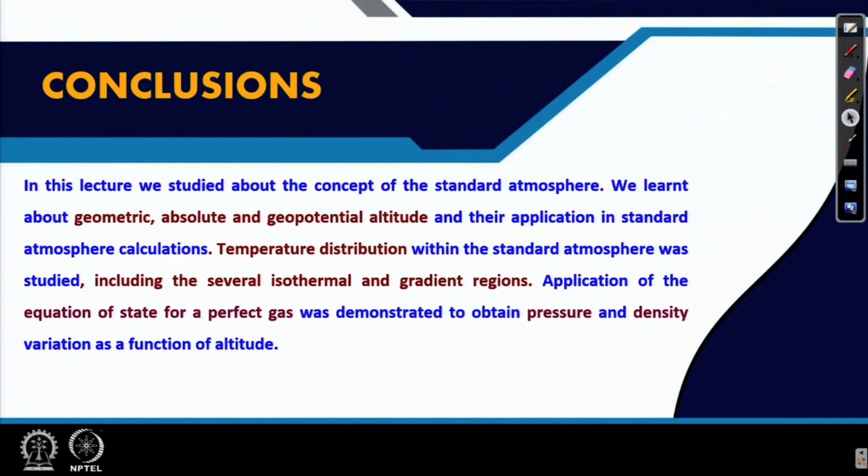We looked at temperature distribution within the standard atmosphere, where we saw the different isothermal and gradient regions as a function of altitude. We found that the geometric and geopotential altitudes are almost equivalent at lower altitudes. Application of the equation of state for a perfect gas was demonstrated to obtain pressure and density variation as a function of altitude.